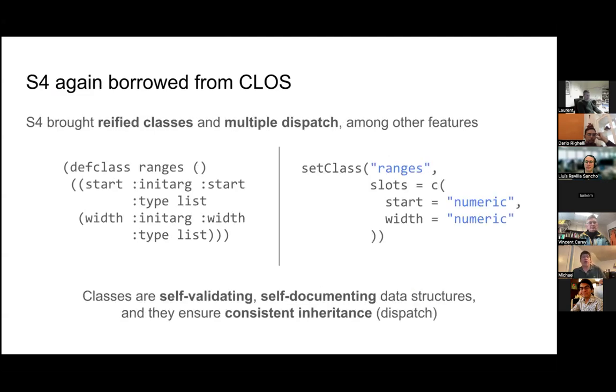And S4, I think it's safe to presume that John went back to CLOS and said, how could we do this right? How can we be truer to how CLOS was doing things? You could see how the syntax was much closer, and it also supports the class definitions of CLOS.